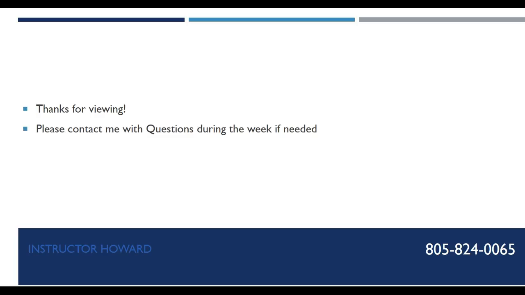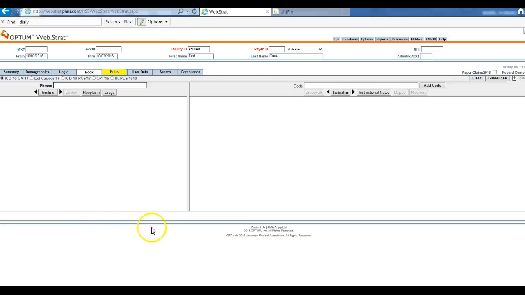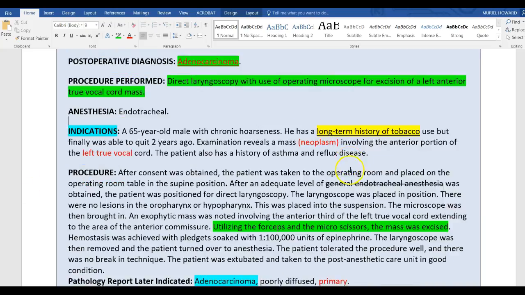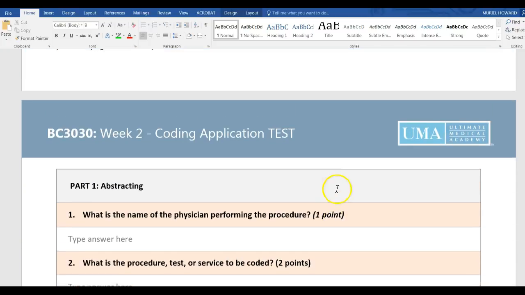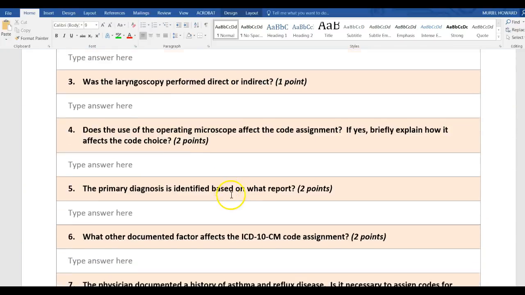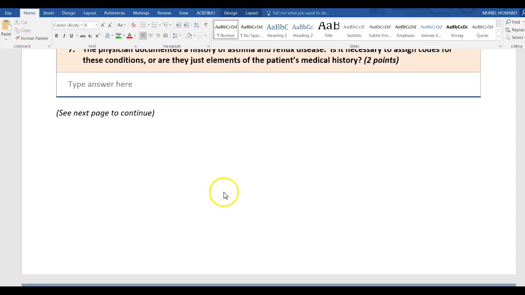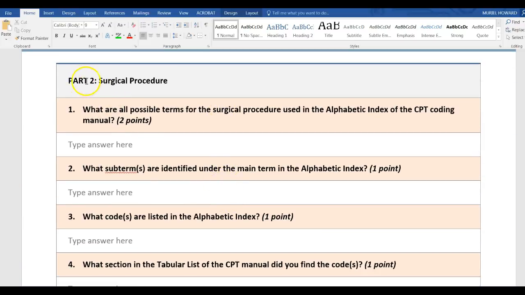And so this is just a real good way for you to process your coding exams in the future. Remember, you're going to have different sections of your test, your abstracting portion. As you answer those questions, you're going to become more and more familiar with what you're doing as a coder.